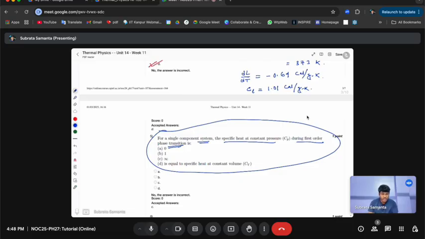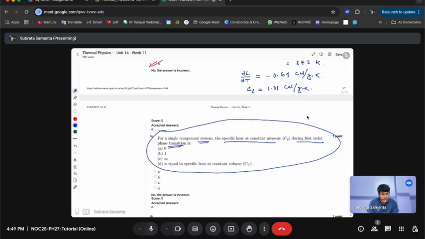Okay, so if you have a single component system, what is your Cp at the phase transition point, the critical point? At the critical point the Cp basically diverges, right? So how do you know?